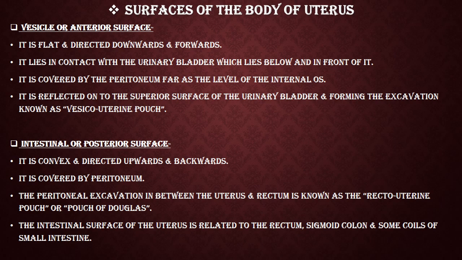The peritoneal excavation between the uterus and the rectum is known as the recto-uterine pouch, or the pouch of Douglas. The intestinal surface of the uterus is related to the rectum, sigmoid colon, and some coils of the small intestine.